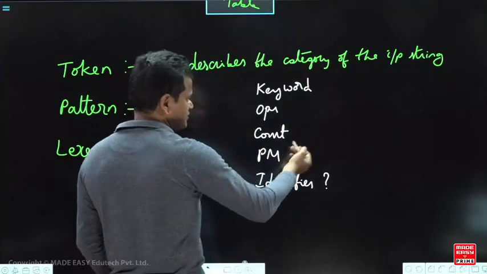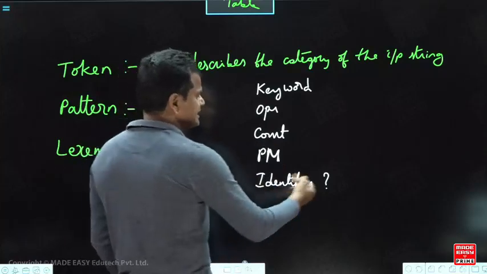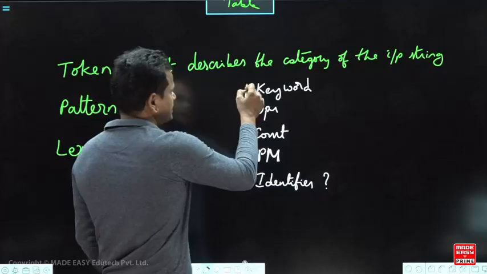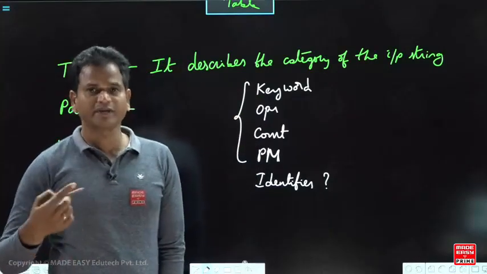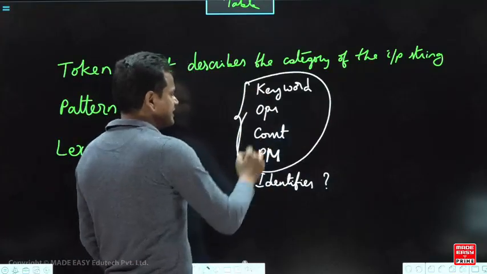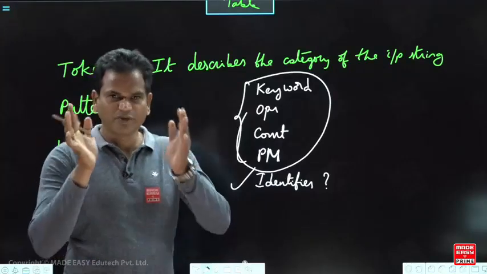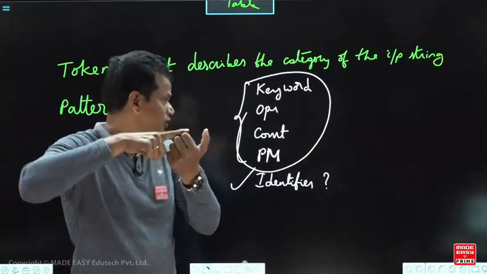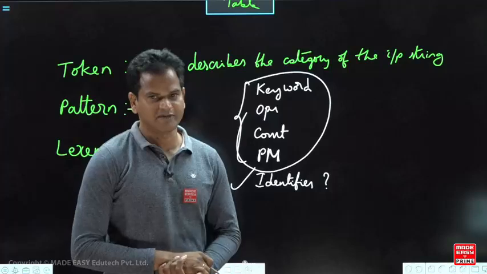Don't think that whatever scanned group of characters does not come under these categories will be an identifier. No. I repeat, if the group of characters is not a keyword, not an operator, not a punctuation mark, not a constant, then it may or may not be an identifier.